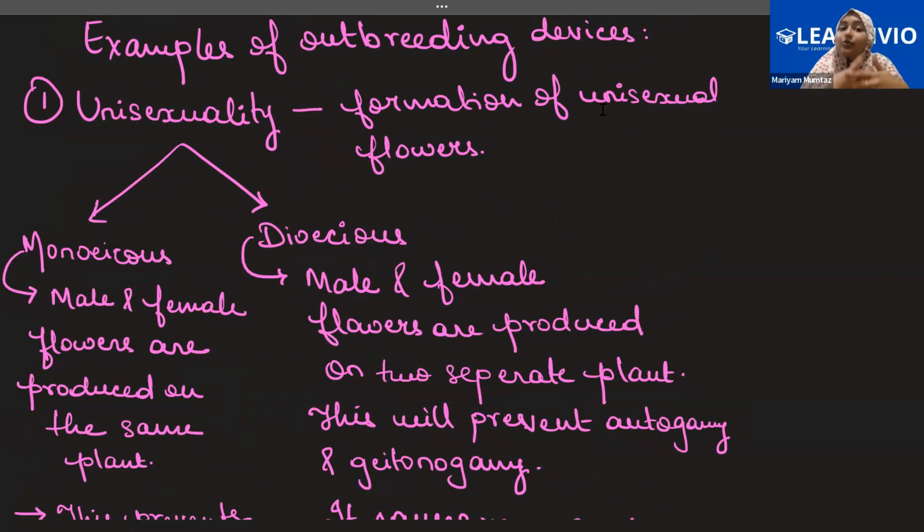In the production of unisexual flowers, either the flower will contain one male part or it will contain the female part. So there will be no other part, right? So unisexuality actually stops or discourages the self-pollination process.